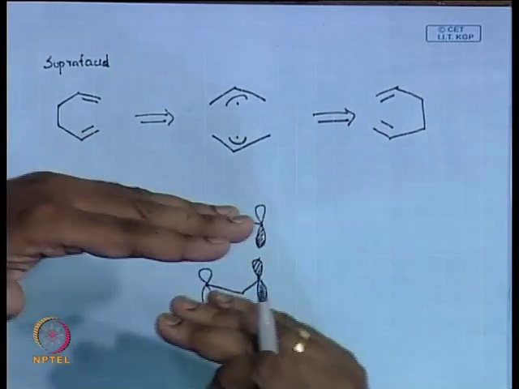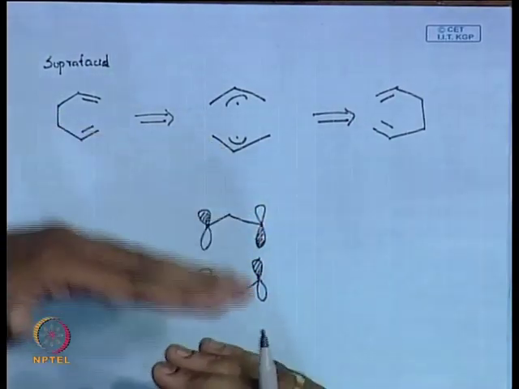It just has to combine, nothing else to do. It does not need to do any inversion or anything, it just has to combine. That is why suprafacially it is orbitally well favored and the reaction goes so nicely. This is your Cope.